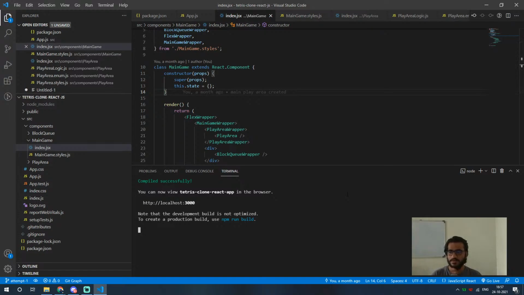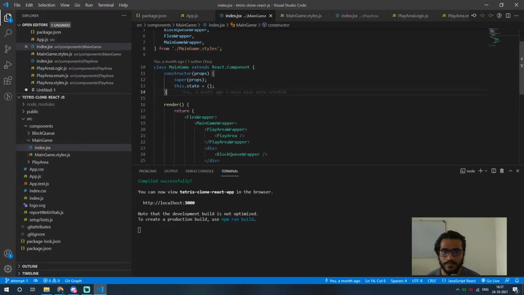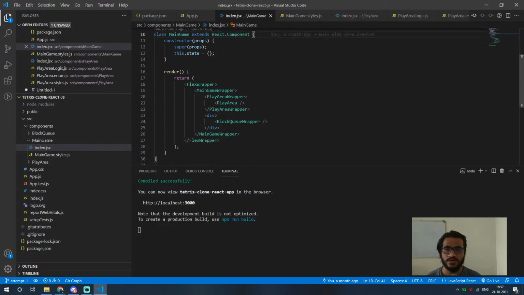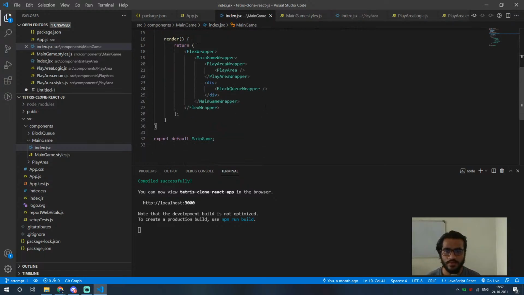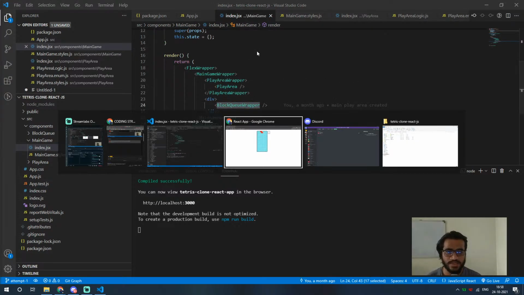From the start, we first made a template React app, and then in the React app, in app.js, we called main game. Main game is the main component. It would be the component which would render all the main blocks, like the play area, it is the main screen.